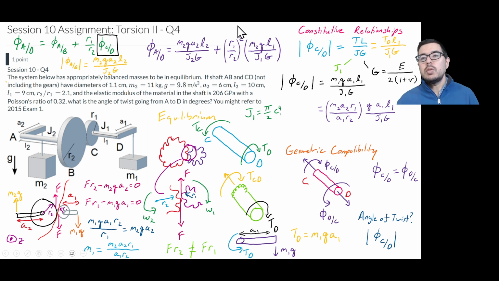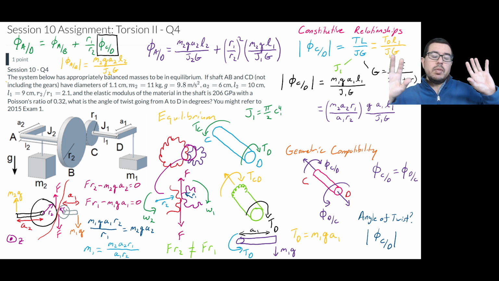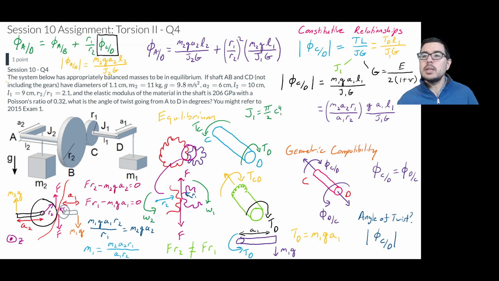This ratio squared between the diameters or the radii of the mating gears is very common in mechanics problems, whether you're solving for something that involves power, so you have torque and omega, or solving for angular velocities, or solving for angle of twist.